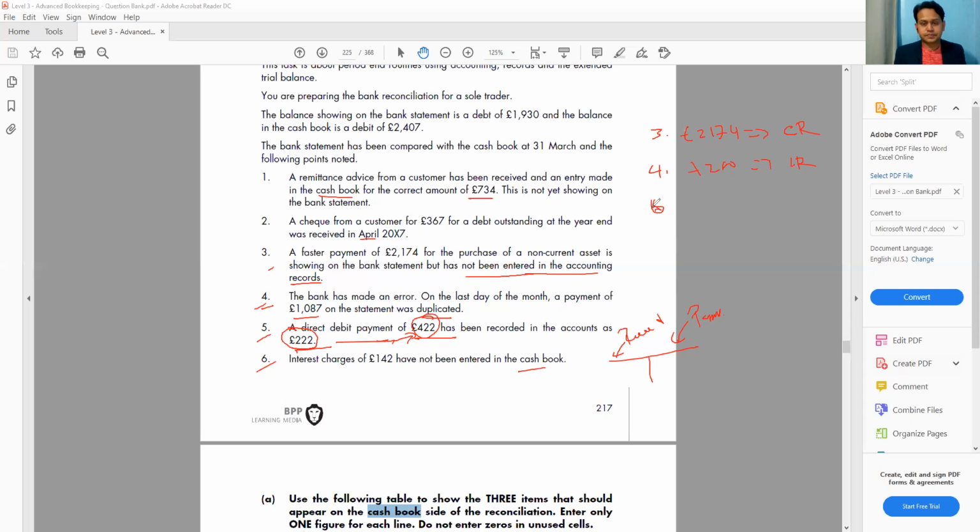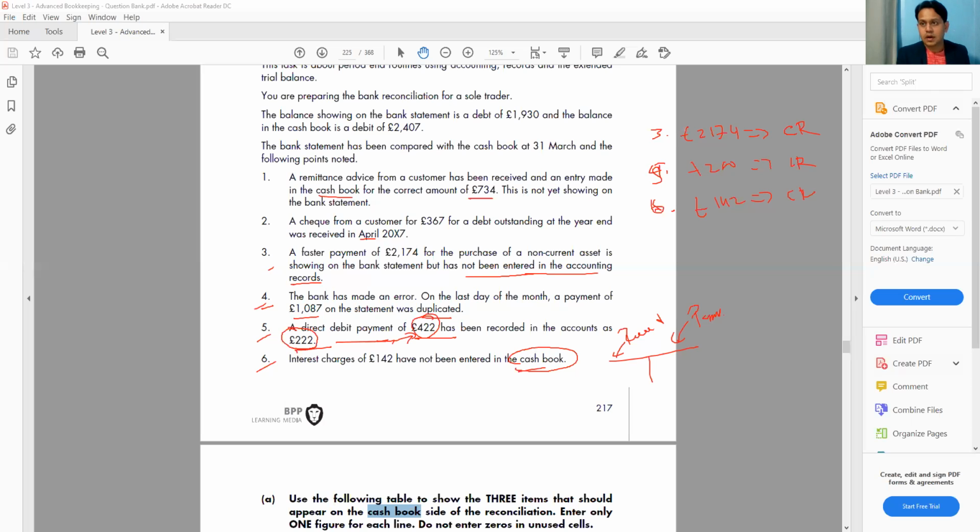That adjustment, number 6, for 142, will be your credit, because the interest payment money is going from your bank. If it were interest received, then you would add it in the cash book. But interest charge is the expense.